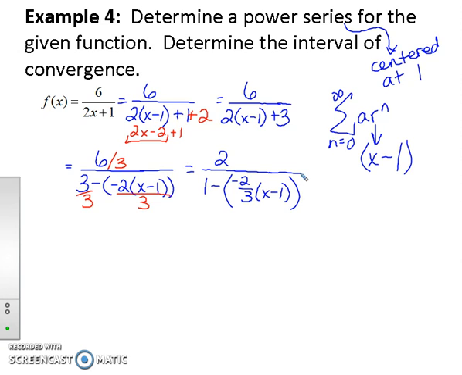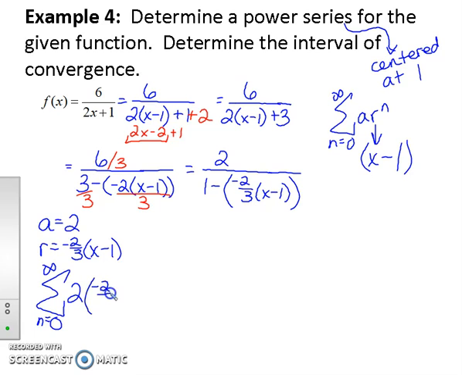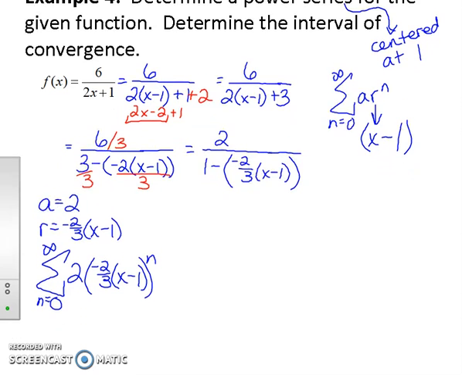So now I recognize that a is the numerator, and then r would be negative 2/3 times x minus 1, which means that the power series notation for this function would be the sum from n equals 0 to infinity of 2 times negative 2/3 times x minus 1 to the nth power. And so that's how you could write the power series notation for that function.